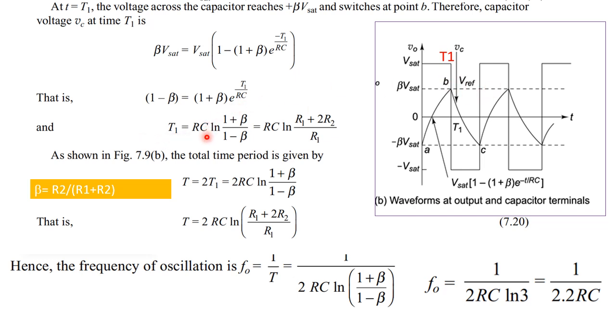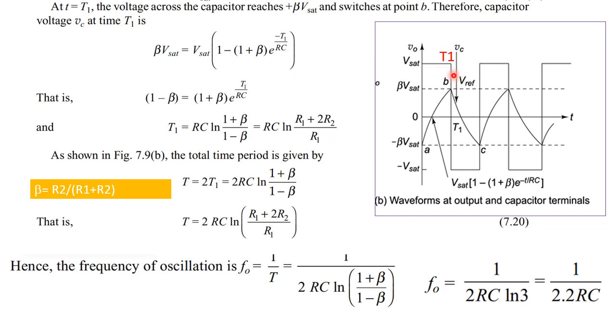T1 becomes RC ln of 1 plus beta divided by 1 minus beta. Beta is the potential division given by R2 divided by R1 plus R2. I substitute R2 divided by R1 plus R2 instead of beta and simplify. I get my expression as RC ln of R1 plus 2R2 divided by R1. This is the value of your positive pulse.